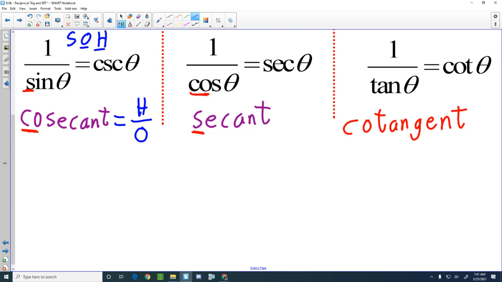Secant is the reciprocal of cosine. Now cosine, that was CAH, from SOH CAH TOA. And if cosine was adjacent over hypotenuse, what do you think secant's going to be? Hypotenuse over adjacent. You just switch them. So it's the hypotenuse length divided by the adjacent side. And finally, tangent, TOA.